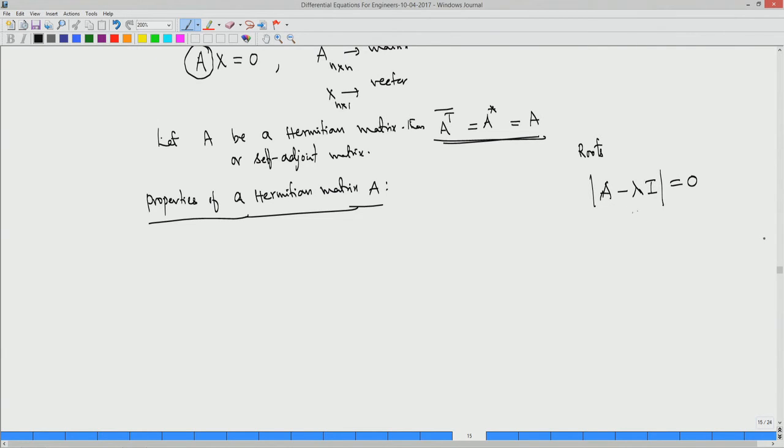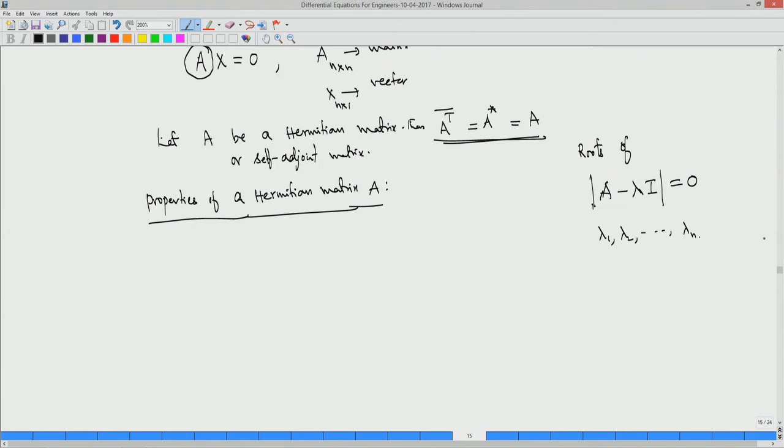The determinant equal to 0 gives an nth degree polynomial in lambda, which has n roots: lambda 1, lambda 2 and so on up to lambda n. Some of them can be the same.